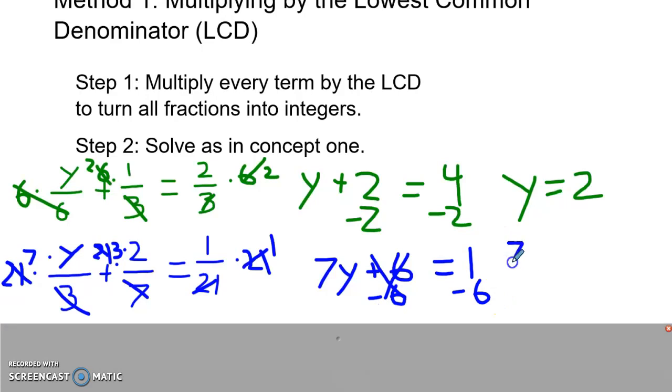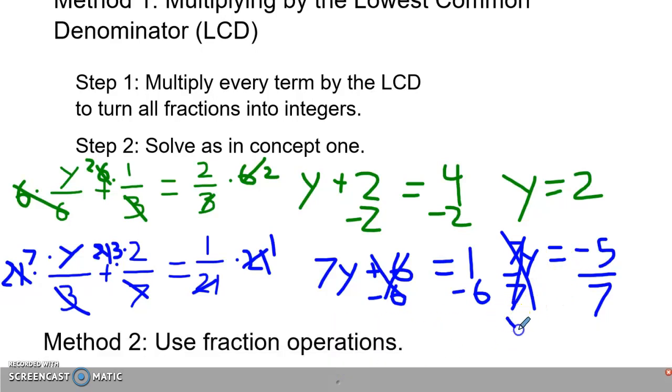And we end up having 7y equals negative 5. Then we divide out our number, put that on the bottom, cancel, and we're left with y equals negative 5 over 7. So you can see that this one took a little bit longer because the denominators were a little bit harder to work with, but we're still able to get the correct answer.